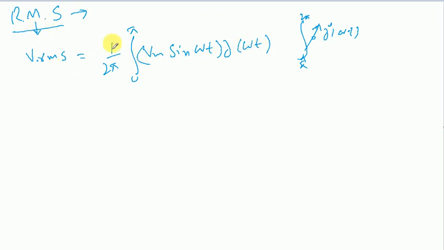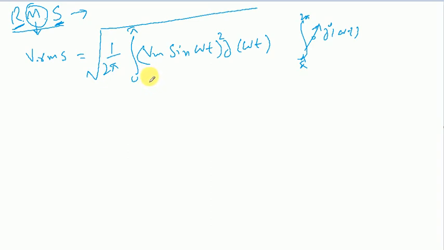So we have written the mean value or the average value, represented by this letter over here. We need to take the square of the function that we are evaluating, and finally we need to take the square root of this function. This is how we will calculate the square root of this function.